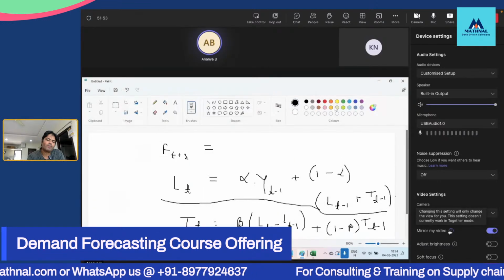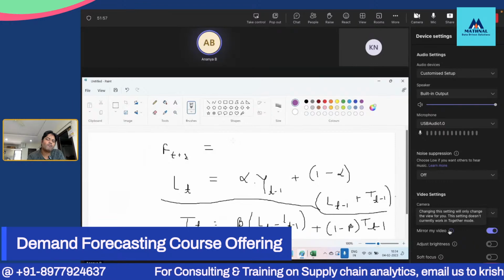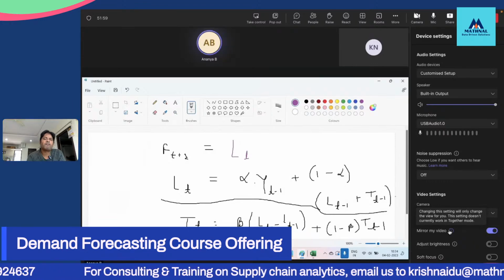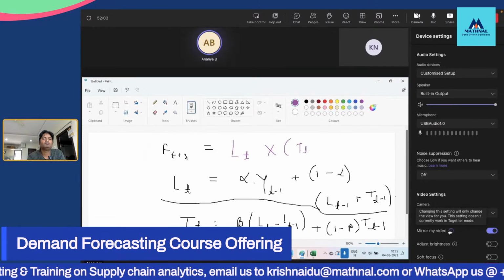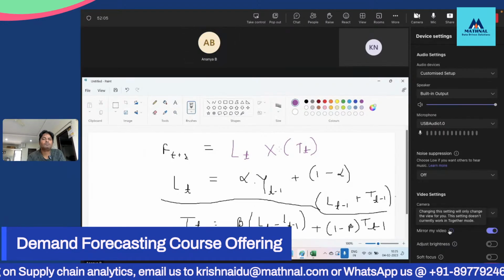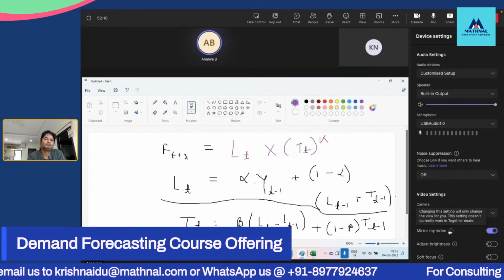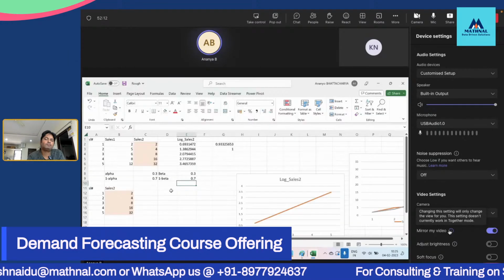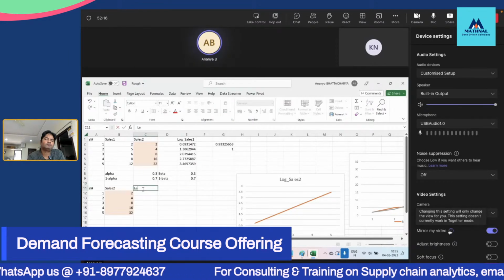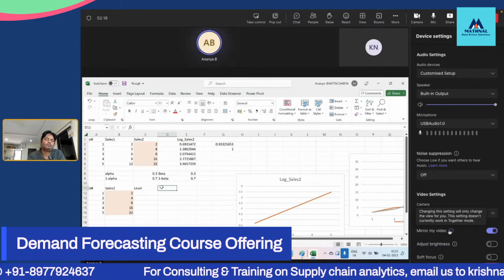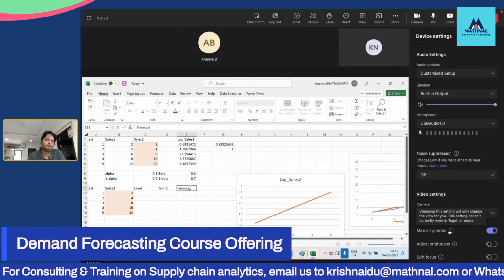Now if I'm trying to build the multiplicative trend, then the forecast would be level multiplied by trend to the power k depending on the step. So first I try to find the level value, then the trend value.